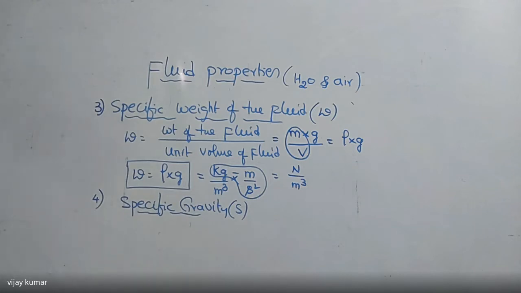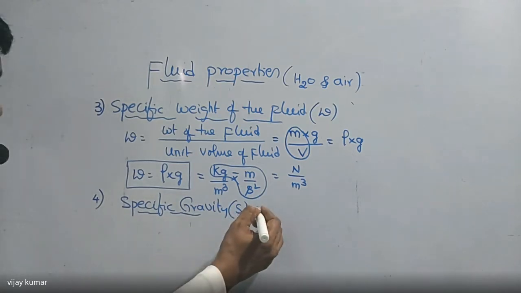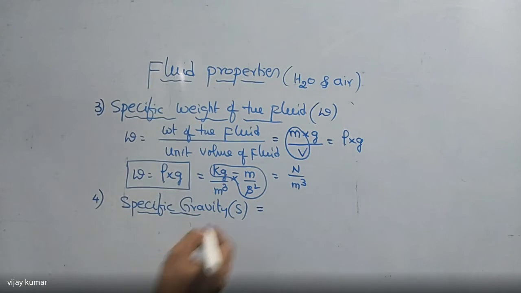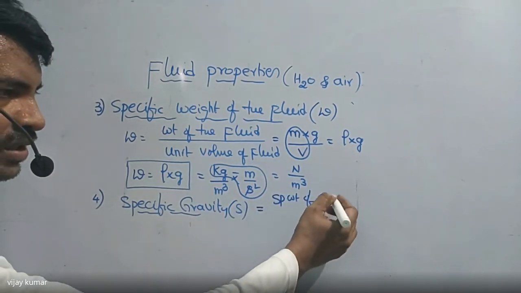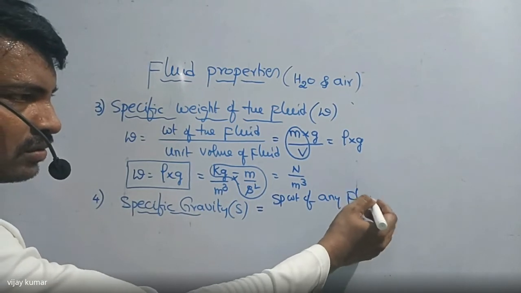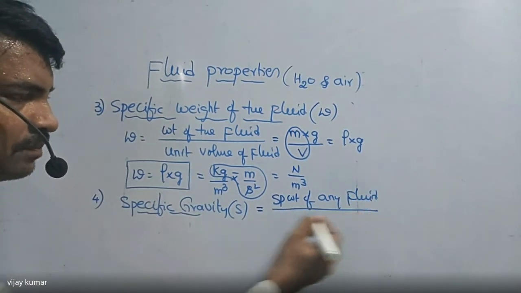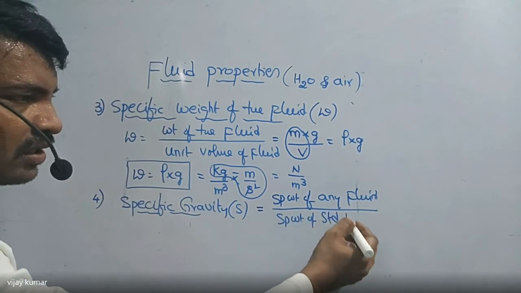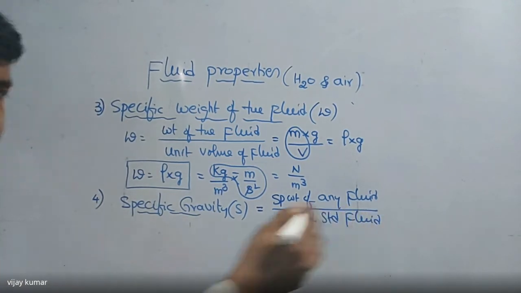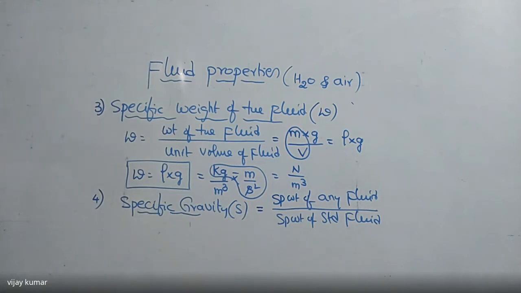Now I'm going to write the definition or formula. That is the ratio of specific weight of any fluid divided by specific weight of standard fluid. This is the definition of specific gravity. But here, in case of specific gravity, I'm going to apply for two types of fluids.